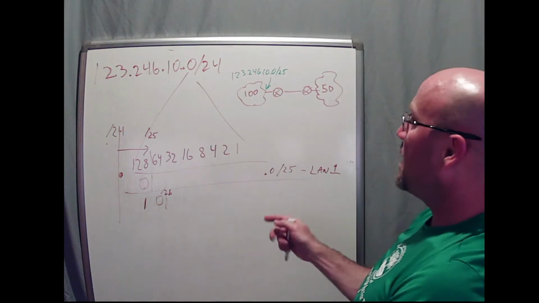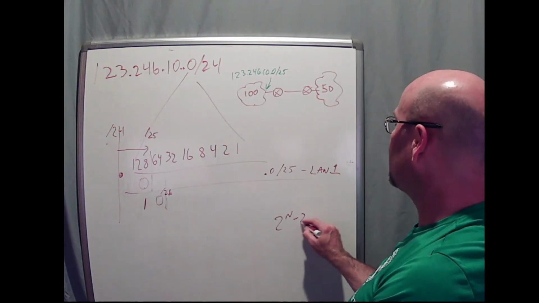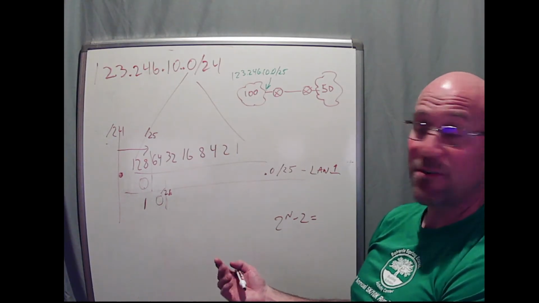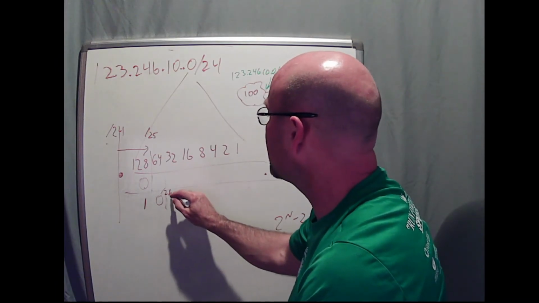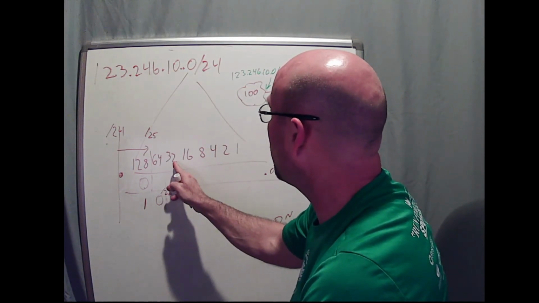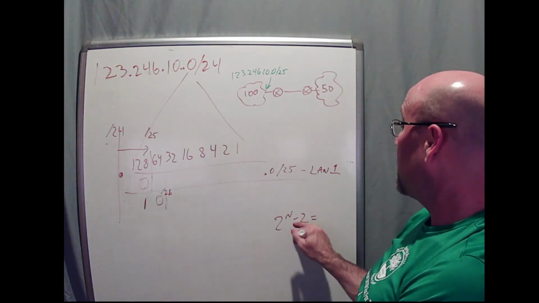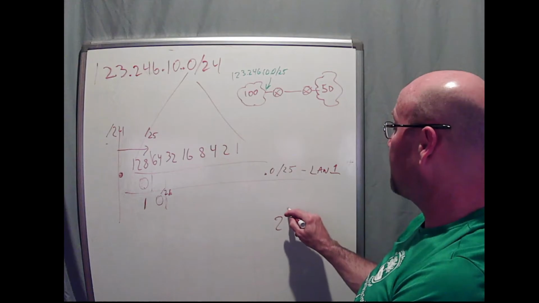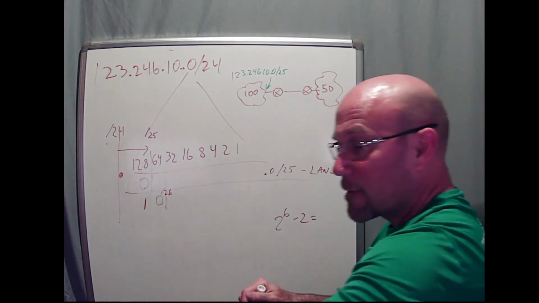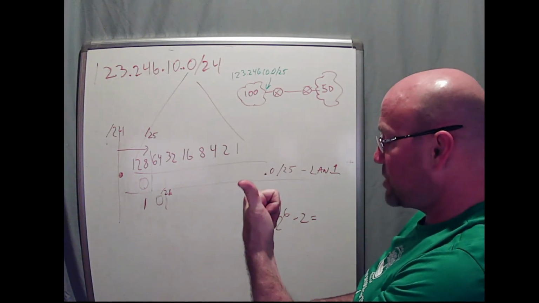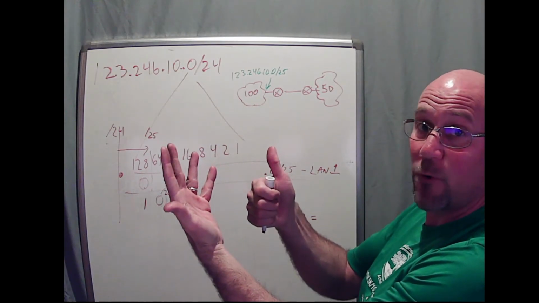Now, again, the rule is 2 to the nth power minus 2 equals how many usable addresses you have. Well, if we're sliding over to a /26, we now have 1, 2, 3, 4, 5, 6 bits left in our host field. 2 to the 6th power, counting with my fingers, 2, 4, 8, 16, 32, 64.